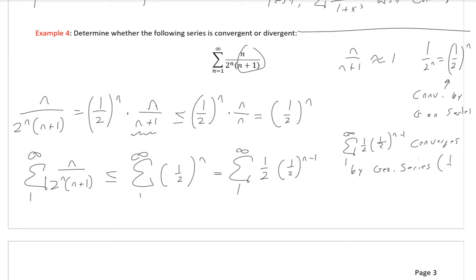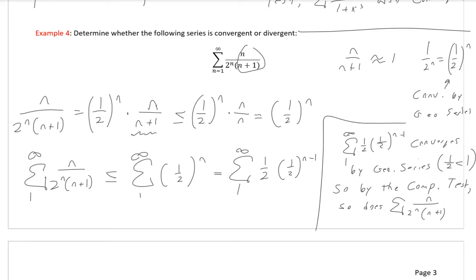We know that because 1/2 is less than 1. So by the comparison test, so does the sum of n over 2 to the n times n plus 1. Again, always make that statement.